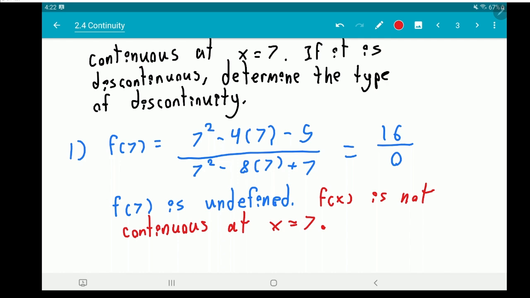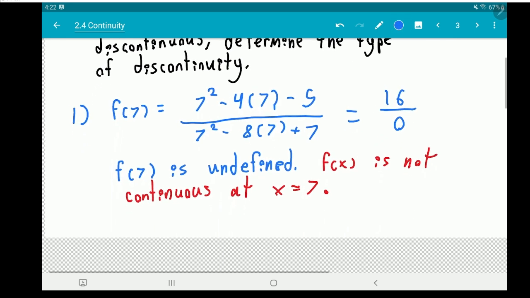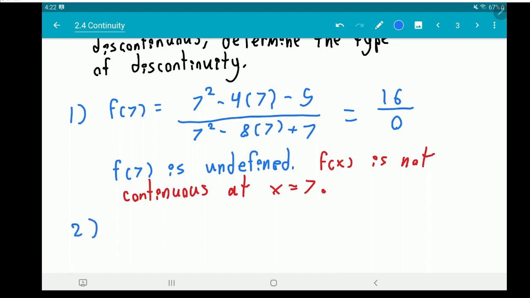It also tells us a little bit more, though, that when we start looking at the limit, it's infinite. So we know the limit as x goes to 7 of f of x is either plus or minus infinity.